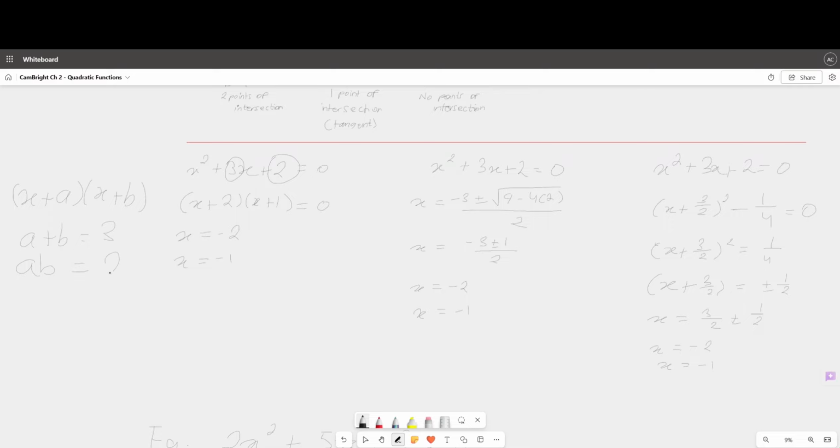So a plus b is 3 and ab is equal to 2. So essentially we can see 2 plus 1 gives 3 and 2 times 1 is 2. So those are the values. So x plus 2 equal to 0 gives us x is equal to minus 2. x plus 1 equal to 0 gives us x is equal to negative 1.